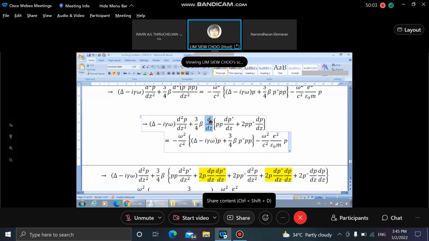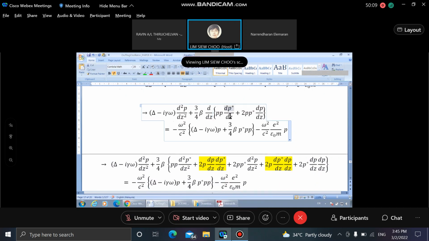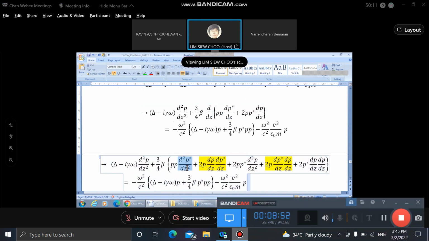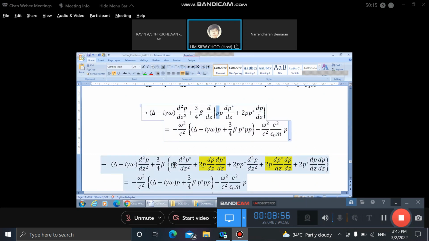If I take the second one, when you differentiate, you get the double of this. This one remains the same. P square remains the same here. And after this, you differentiate this p square, you have 2p dp dz. You differentiate this with respect to z, you have 2p dp dz, multiplied with this thing unchanged. So it's like the implicit rule.